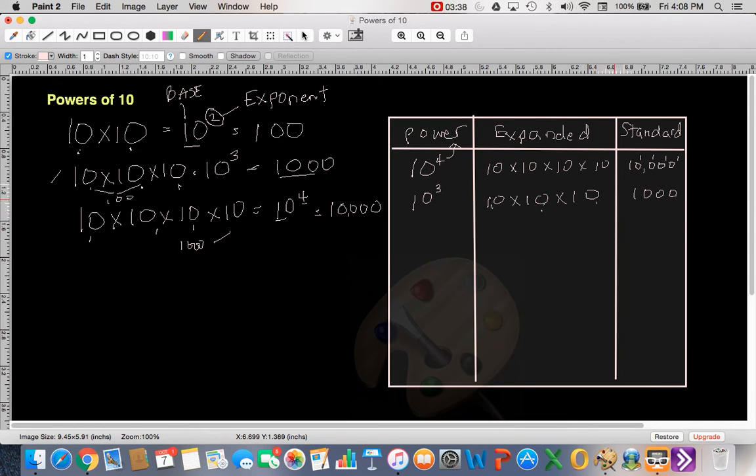Here you see 3 tens, you got 3 zeros here, 1, 2, and 3, right? 10 to the second power, 10 times 10, which is 100. And 10 to the first power is 10. How about 0? 10 to the power of 0, you just have 1 here, and you just have 1 there.